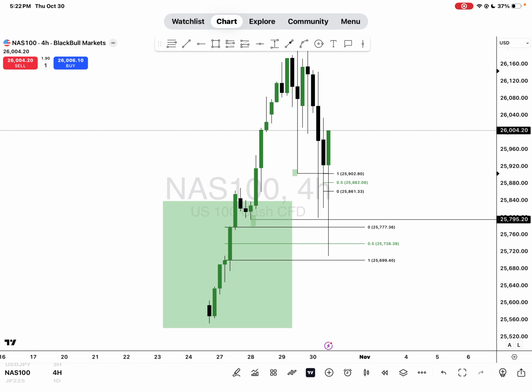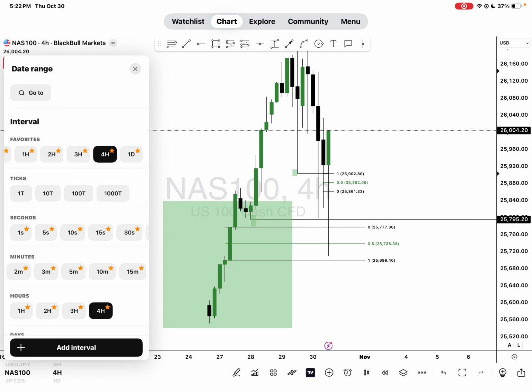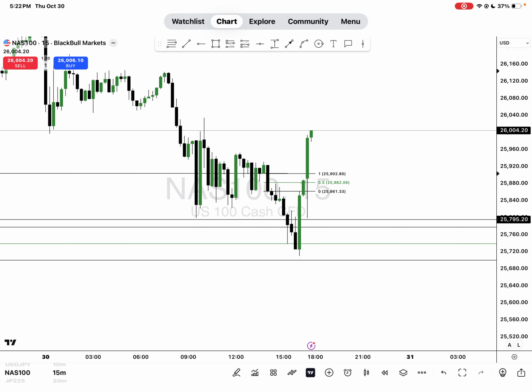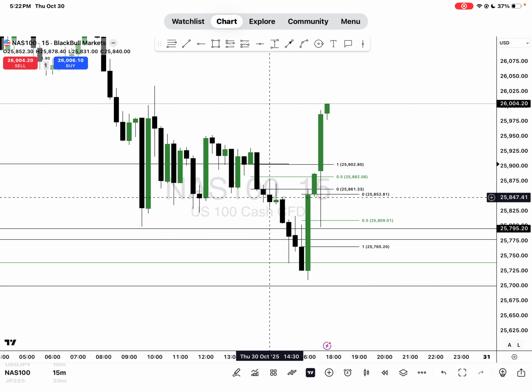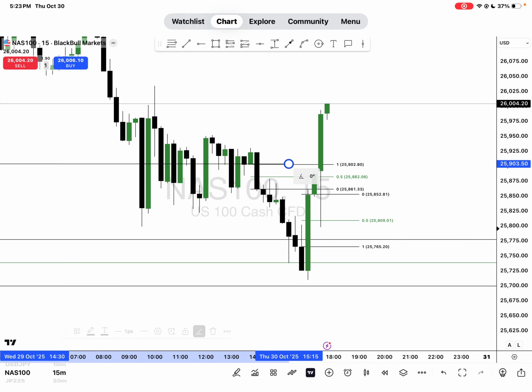All right. And so after that 4-hour mitigation, scrolling down to the 15-minute just to show you the opportunity that was there afterwards. And you can see how I was on the wrong side of this. Immediately on the exact same side, there was a price gap there. This was the valid price gap. And notice how price mitigated. Get rid of this.